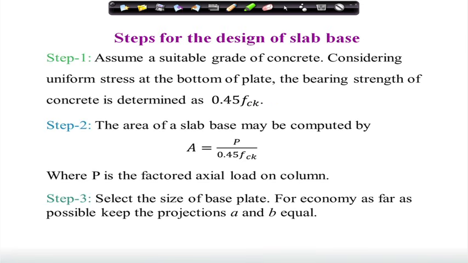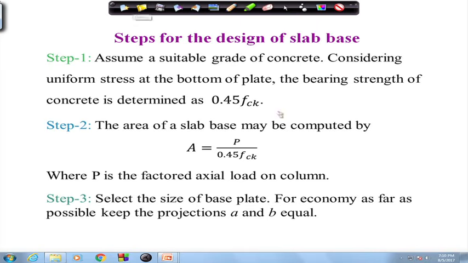First we will consider the grade of concrete which will be provided for the design of the slab base. Once we know the grade of concrete, we can find out the bearing strength of the concrete, which, as we know, is 0.45 fck. We will also consider uniform stress at the bottom of the plate.